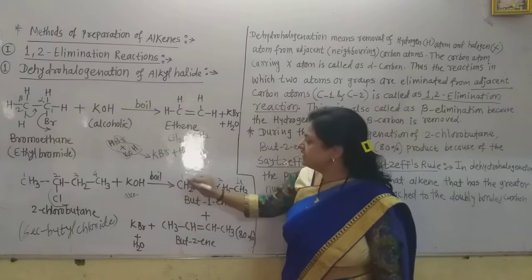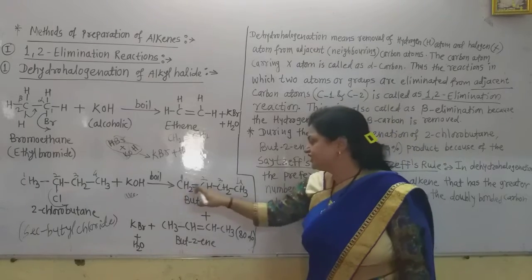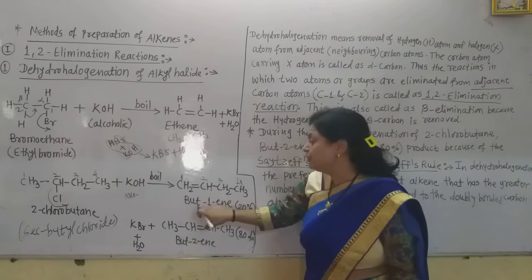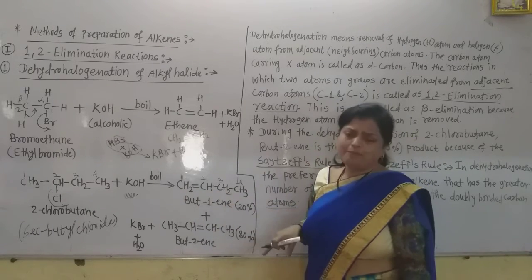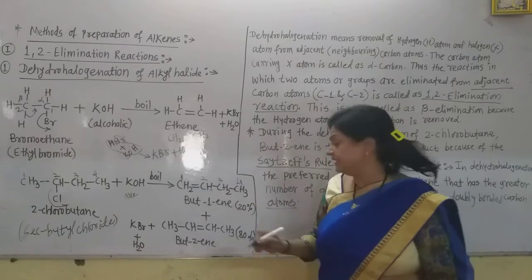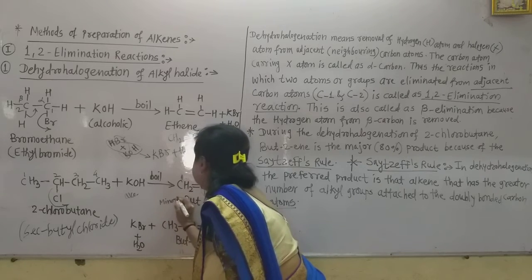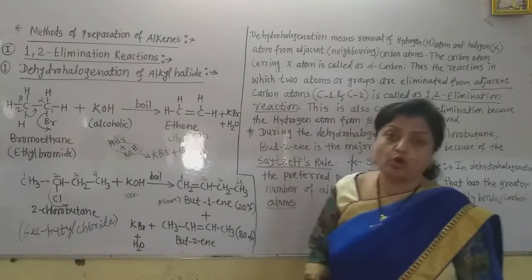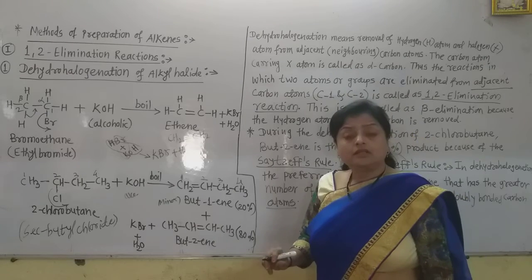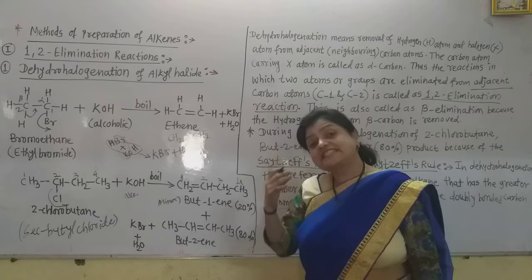The double bond is on the first carbon atom, and in the chain there are 4 carbons, so it is but-1-ene. But this compound is obtained very little, only 20%, because this is the minor product. Minor means very little compound is obtained. Why? There is a reason behind that, and that reason is the Saytzeff rule.